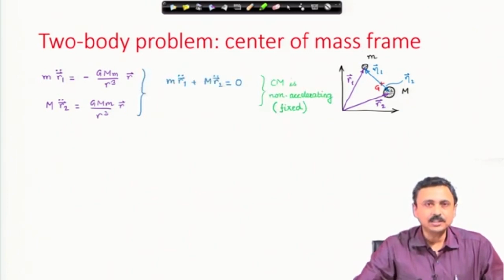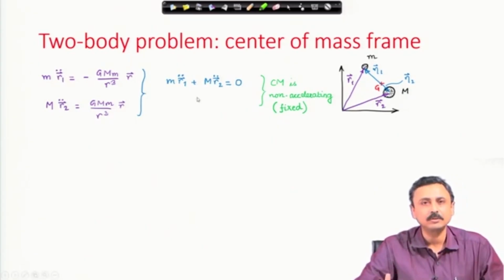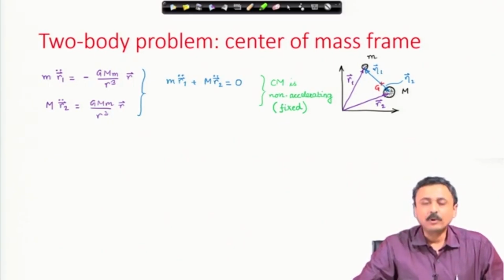If I add these two equations, then I obtain this relation. The addition of the two right hand sides is 0. Therefore, on the left hand side, small m times r1 double dot plus capital M times r2 double dot is a 0 vector. What this means is the center of mass of this system is non-accelerating.